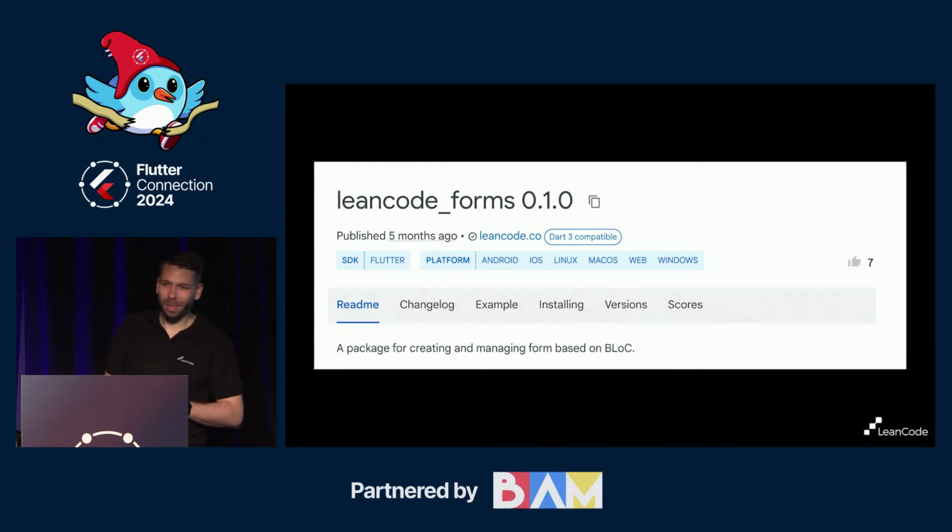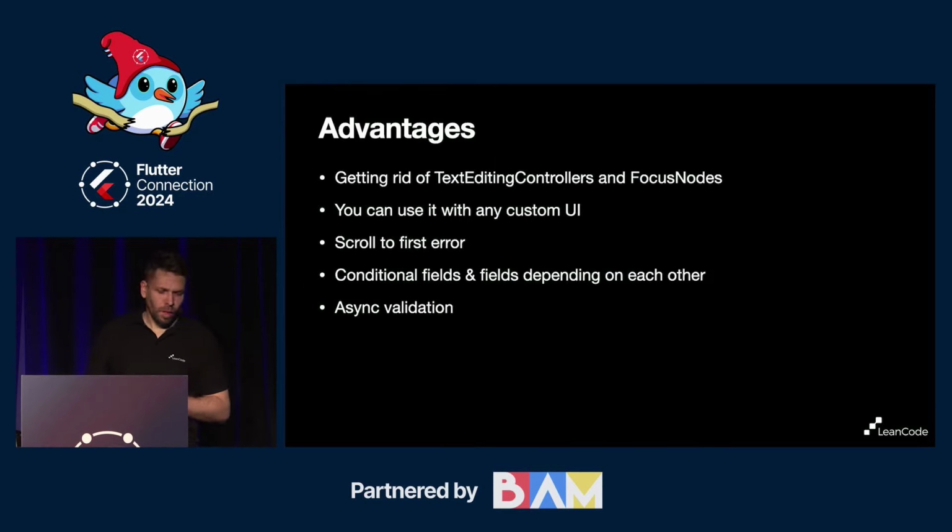So, another library. It's pretty fresh, so it's already being used in production in some of our projects. We haven't been talking about it much, but you might hear about it in the future. What we try to achieve with this library is, first of all, getting rid of manually handling all the text editing controllers and focus nodes.